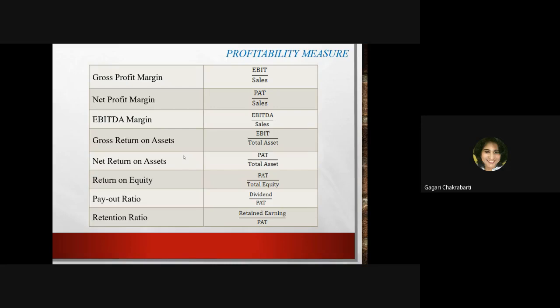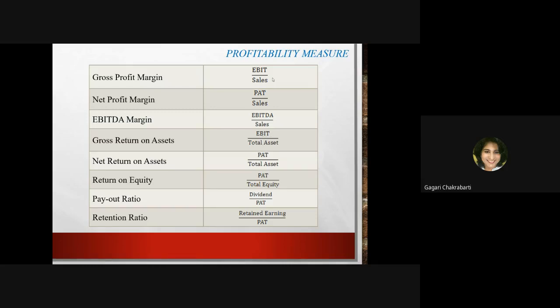So as pointed out by Ross et al. and others also, Wild et al., they have always considered a parallel set of indicators that are based on the return on assets rather than the simple gross profit or the net profit margin. So once again, if you consider the return on asset, you will have two types of returns there. The gross return on asset, which is EBIT by total asset.